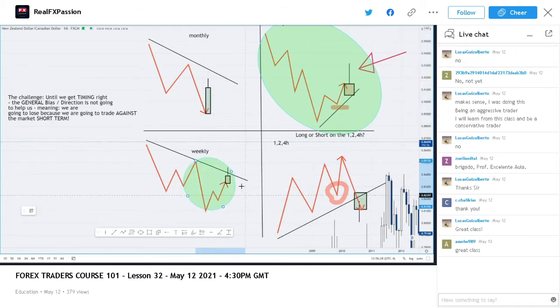You are looking at exactly the same thing. Everything that you see, lower lows, lower highs, higher lows, bearish candlestick formation, this circle on the daily chart, you are looking at exactly the same thing.